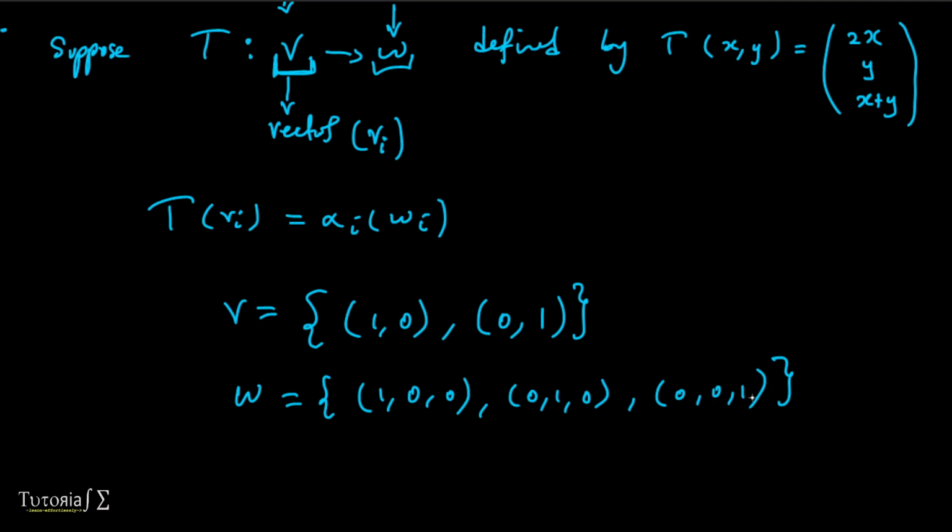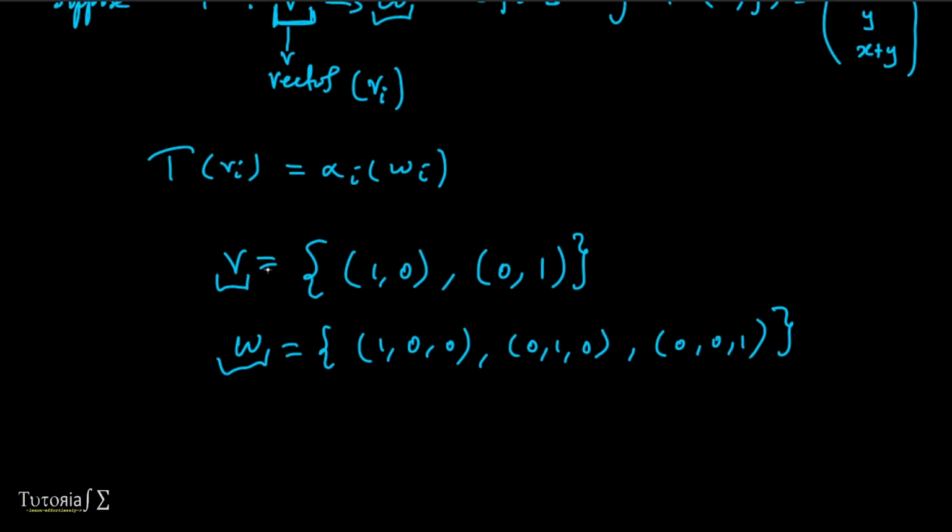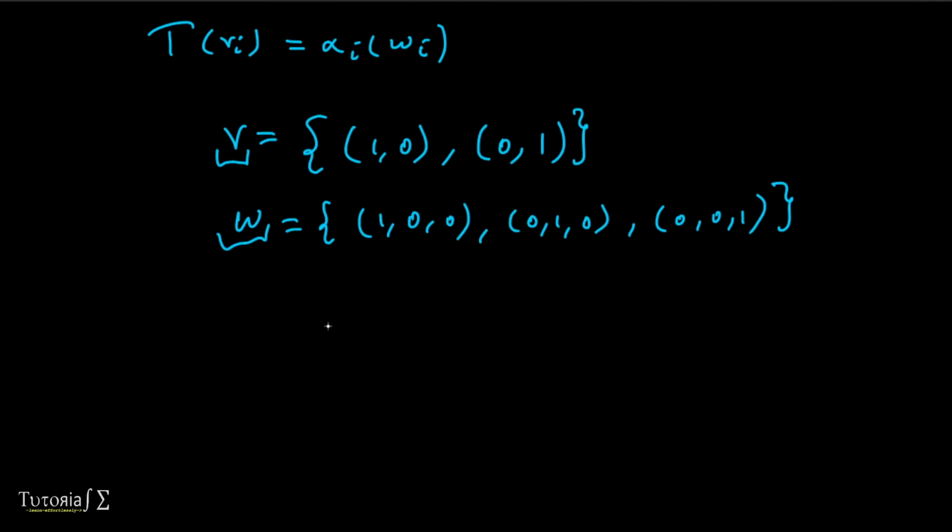Okay, now the next step is writing the vectors in W as a linear combination. Then we start solving the system of equations. So we write the transformation. We can say this is V1, this is V2, this is W1, W2, W3.